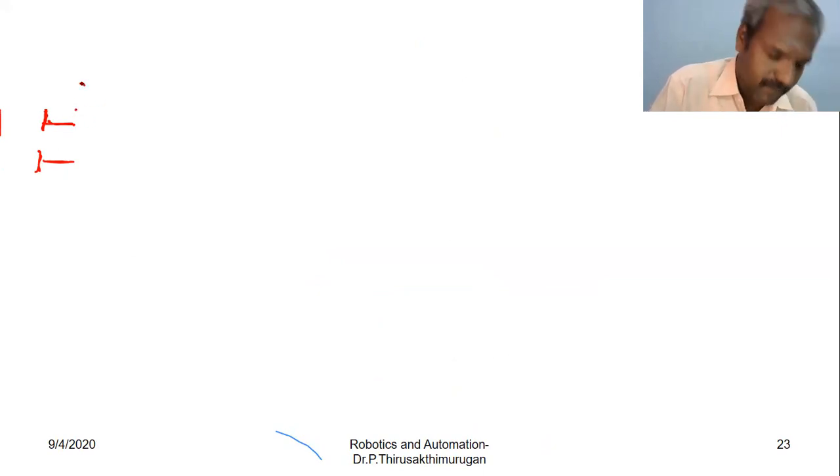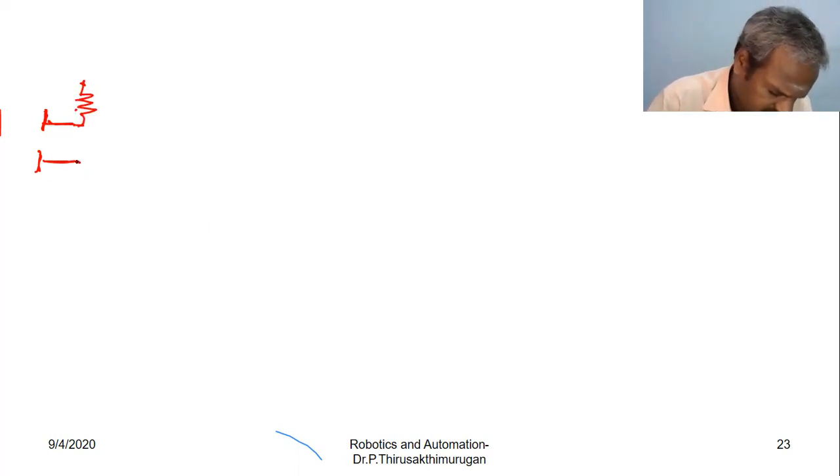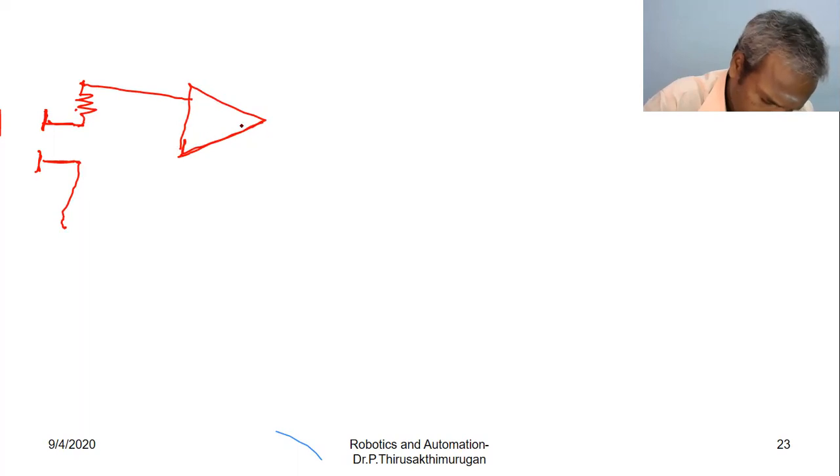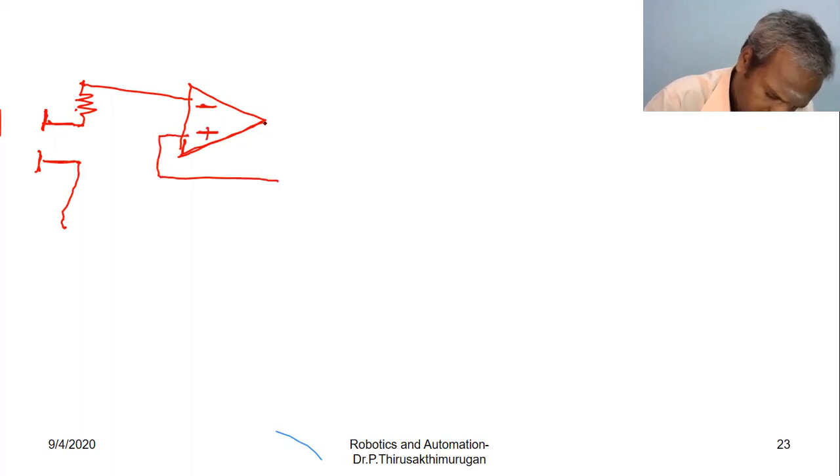Here the oscillator is nothing but an RC oscillator. This oscillator acts as a closed loop configuration, but the sensor probe is connected to the inverting terminal of the operational amplifier.